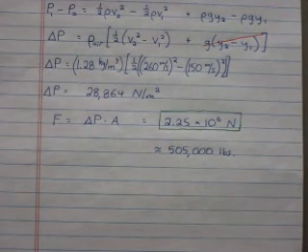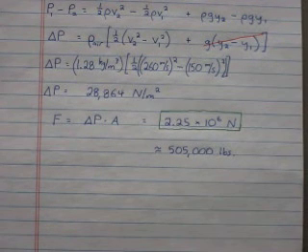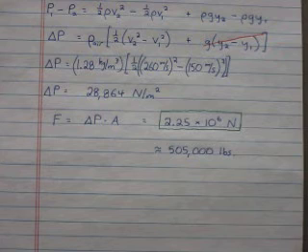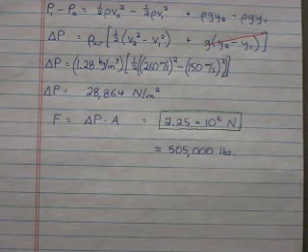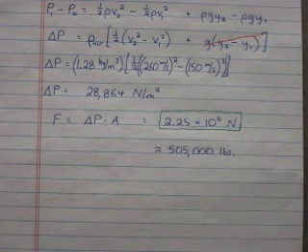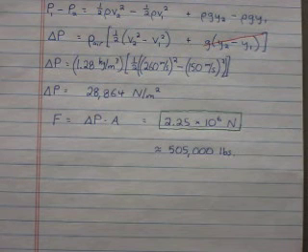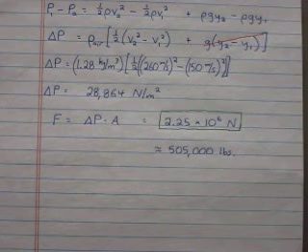Now the question asks about the force. So we take that difference in pressures, that overall net pressure that's pushing upward, multiply by the area of the wing, which is 78 meters squared, and we get 2.25 times 10 to the 6 newtons, which is about 505,000 pounds. Definitely enough force to keep the airplane aloft.